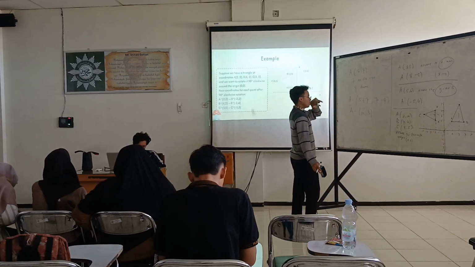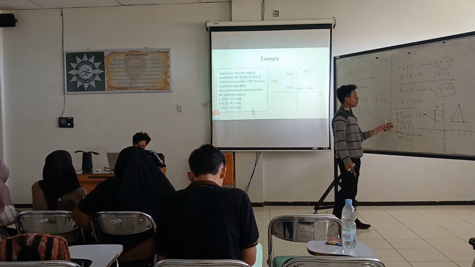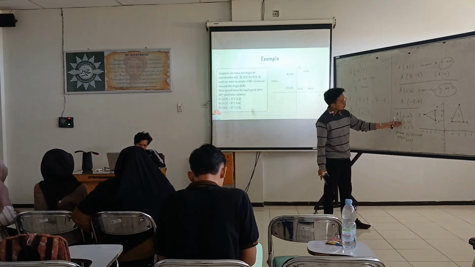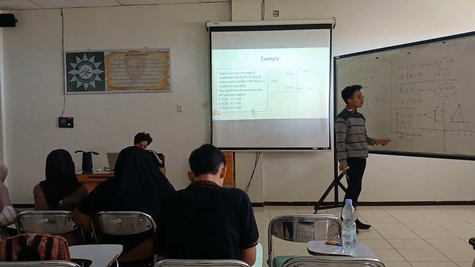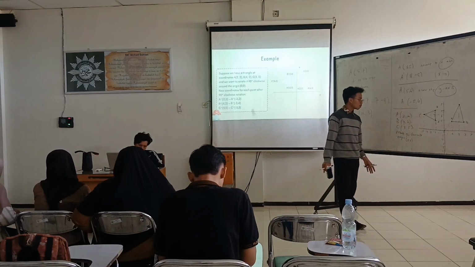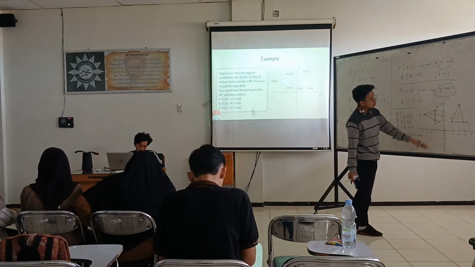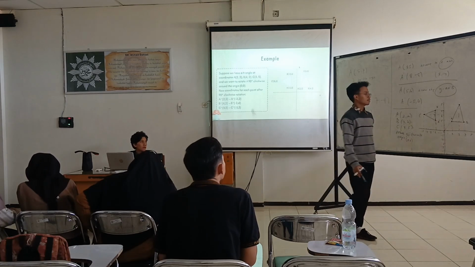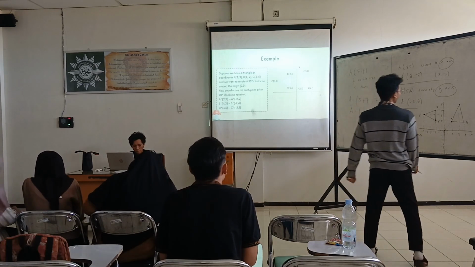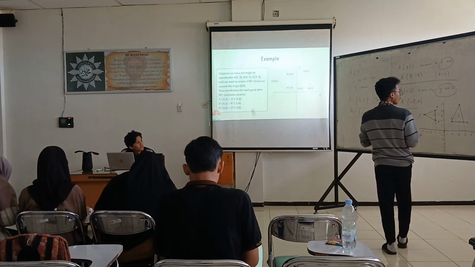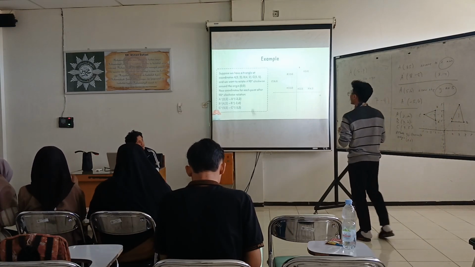So this is the picture of the triangle ABC with A (2, 2), B (4, 2), and C (3, 5). After we rotate this triangle 90 degrees clockwise, and the origin is (0,0), it is like this, with A' (-2, 2), B' (-2, 4), and C' (-5, 3).